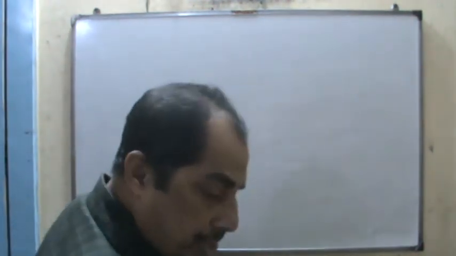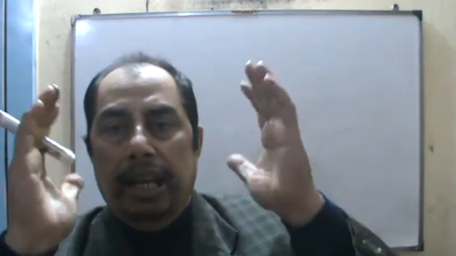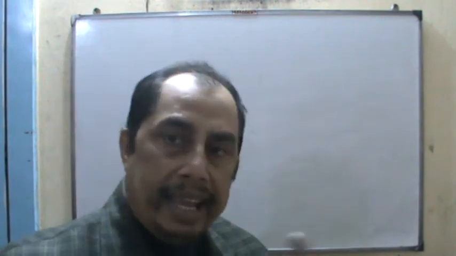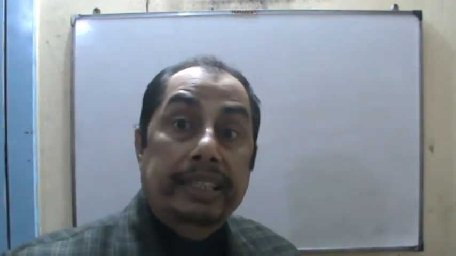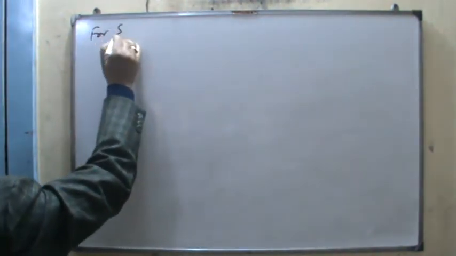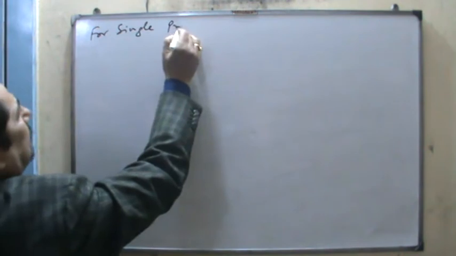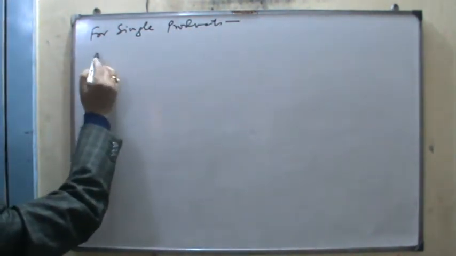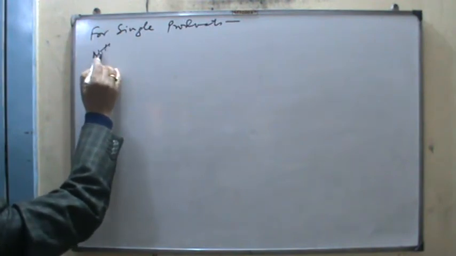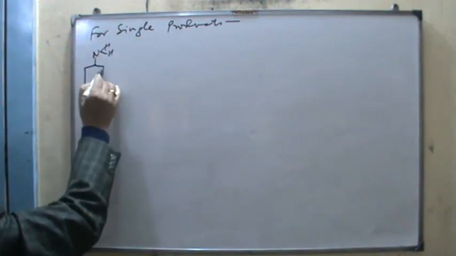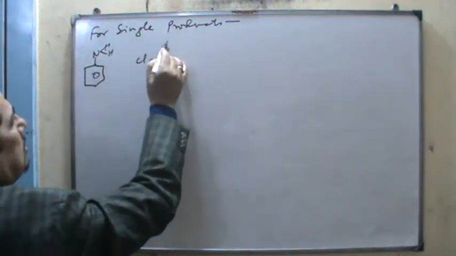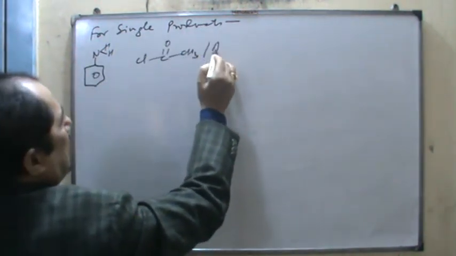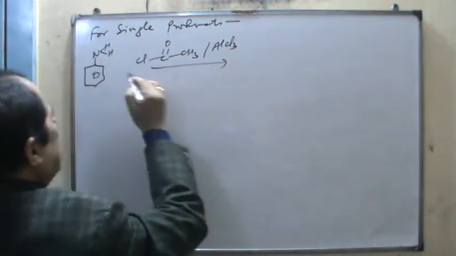But again the question is, if you want to get the single para product, then again aniline is supposed to go for acylation, right? For single products, this is the aniline, CH3COCl in the presence of AlCl3.